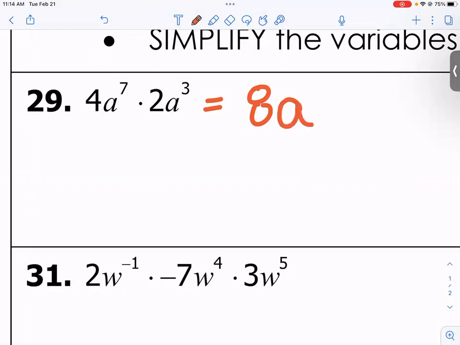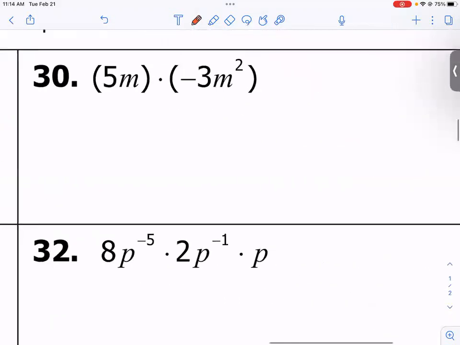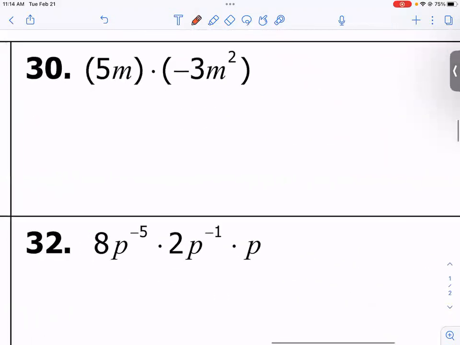Well, when we multiply with our exponents, we're going to take them and add them. So this would be 8a to the 10th. Okay, I'm not like totally blowing your mind, am I? Pretty mind blowing.